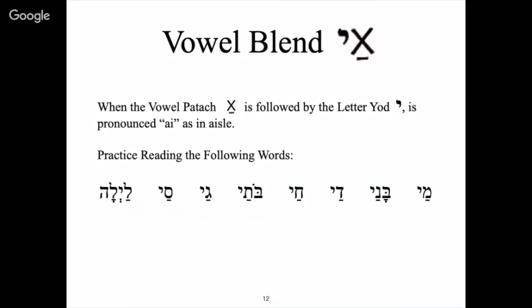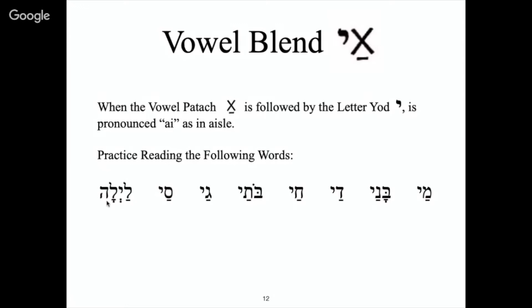So we practice reading the words at the bottom here. This says my. This says banai. This says die. This says chai. This says bow tie. This says guy. This says sigh.